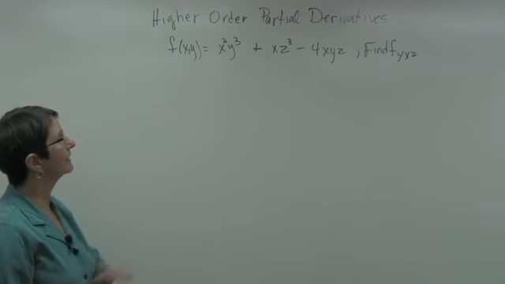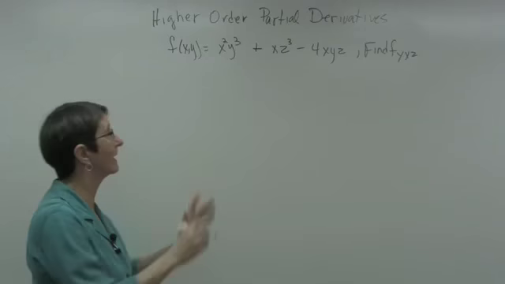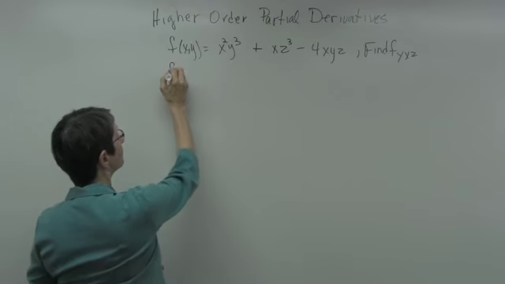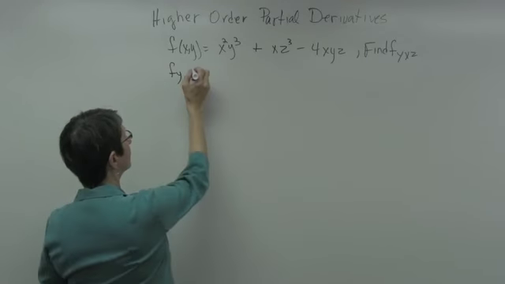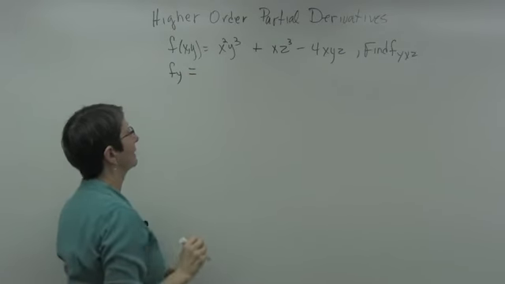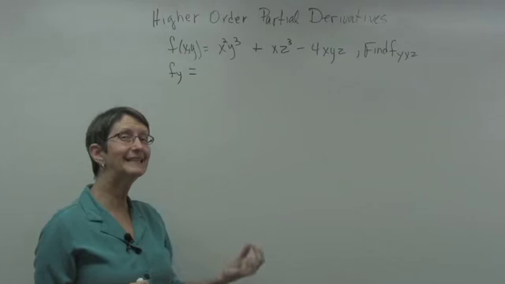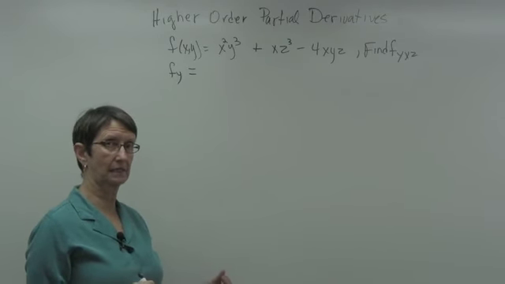So if I see something like this, the first letter that I see after the f is a y. So the first thing I have to do is find the partial with respect to y. So the partial with respect to y means both x and z are treated as constants.